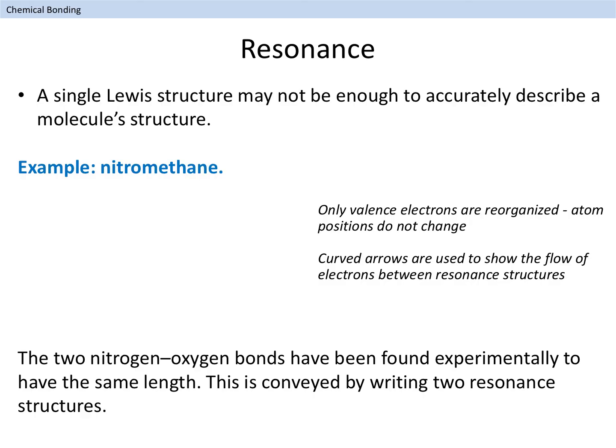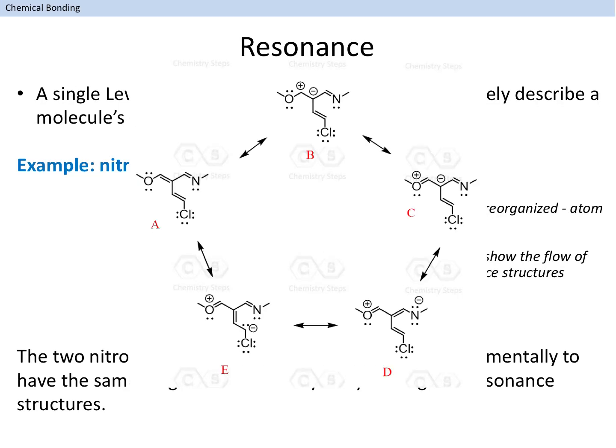One crucial limitation of our structural drawings is that one single structure may not capture all the possibilities for where electrons are located within a molecule. Resonance structures are different versions of our drawings that show where electrons are located within a molecule.